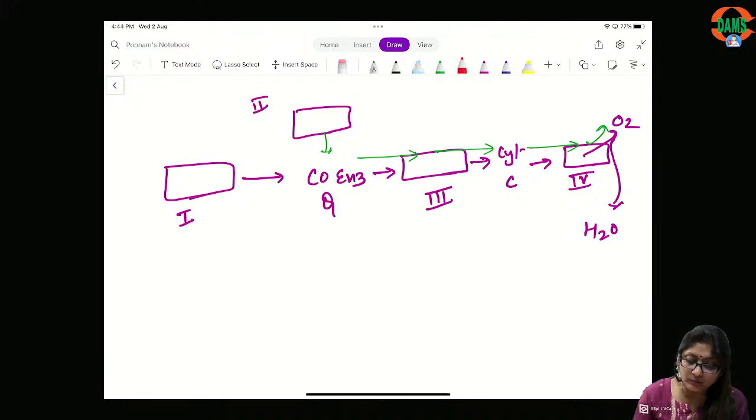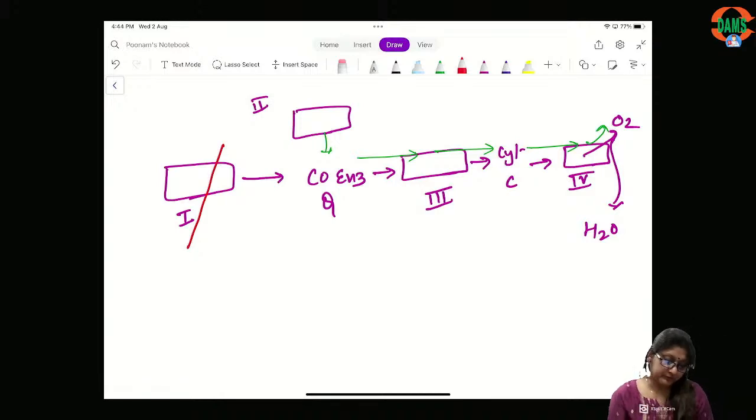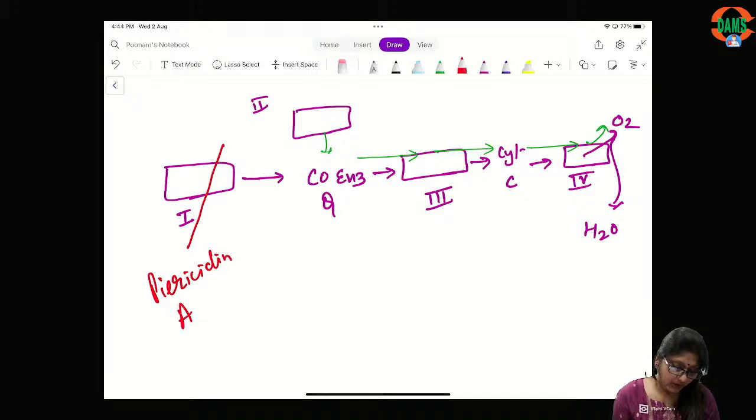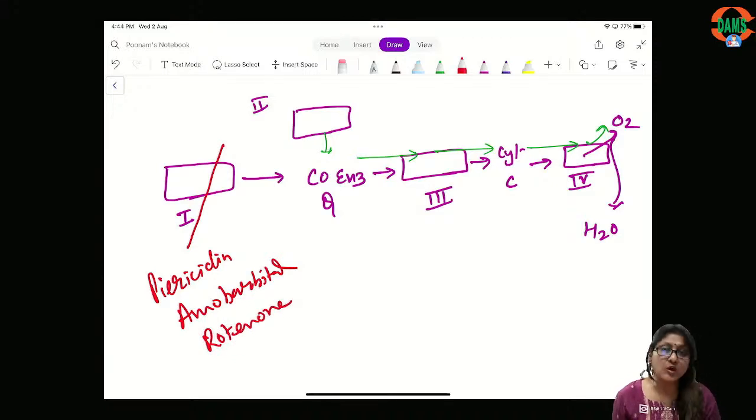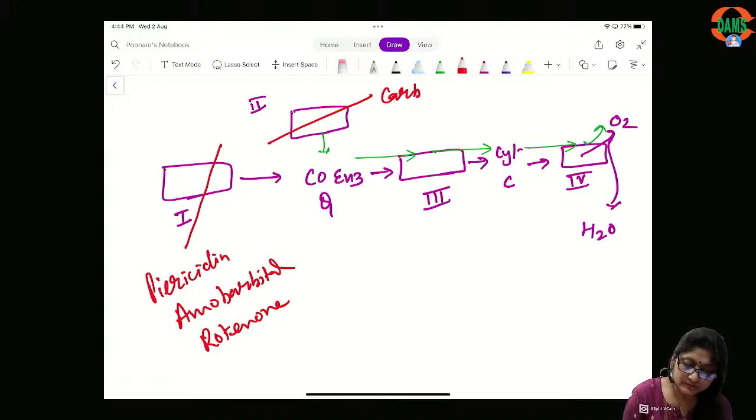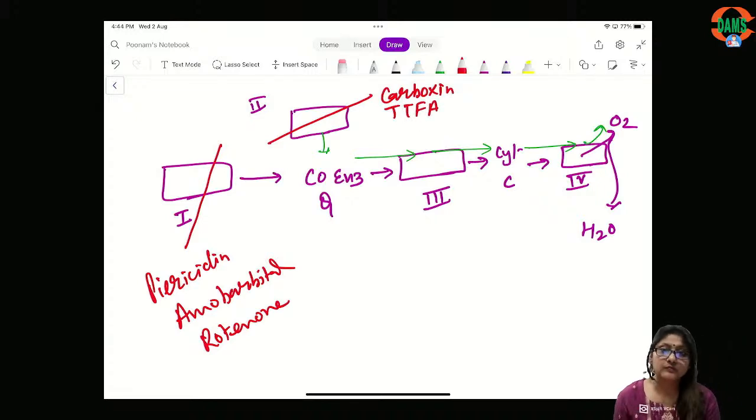So when we are talking about blockers, the block may be here at complex 1. This is going to be pyridine, amobarbital and rotenone. These are blockers within complex 1. This is going to be carboxin and TTFA, blocking complex 2. At the level of complex 2, the electron transmission is being blocked.